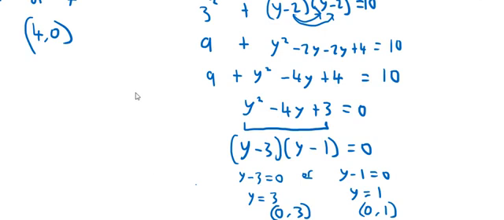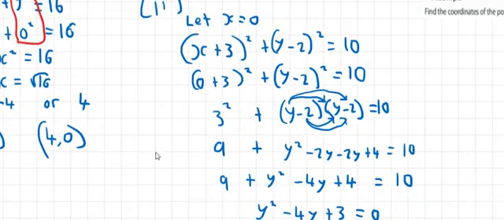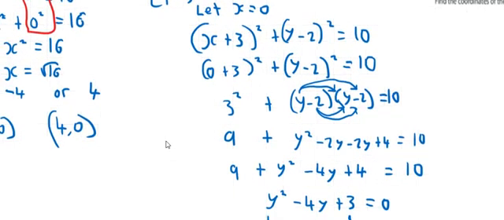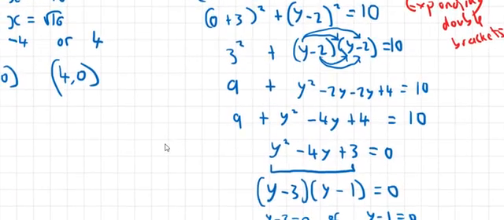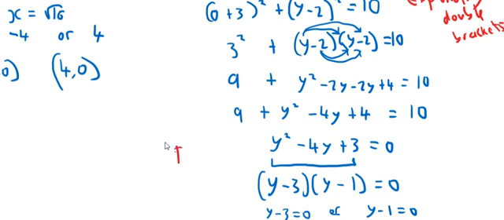So the second example is obviously a lot trickier than the first example. In this part, I had to expand double brackets. And then down here, I had to factorize a quadratic.